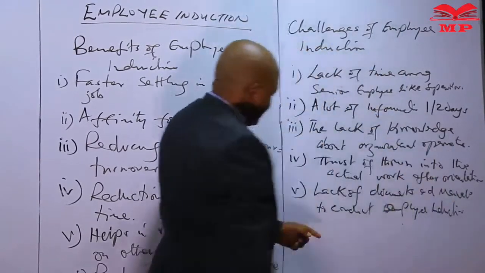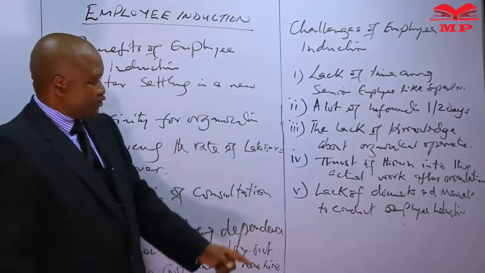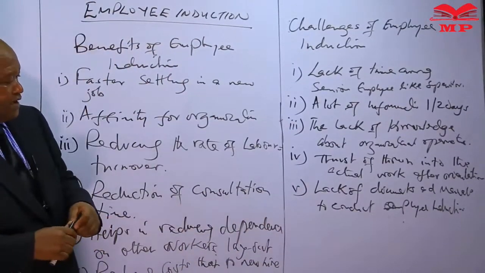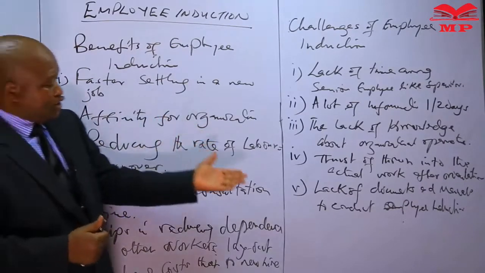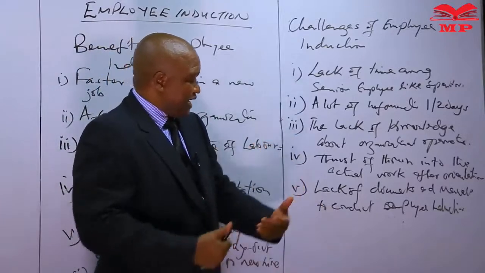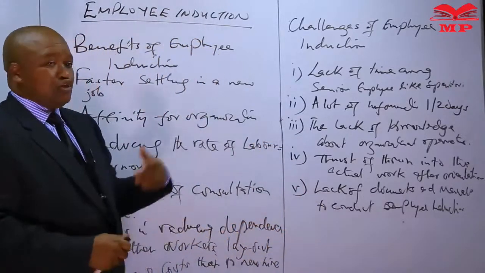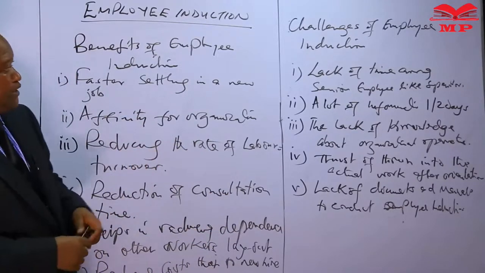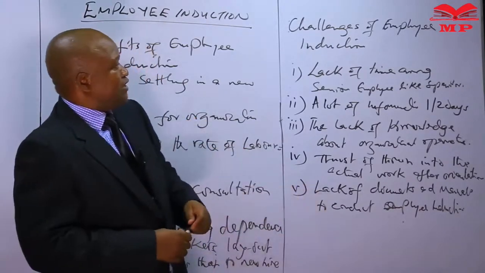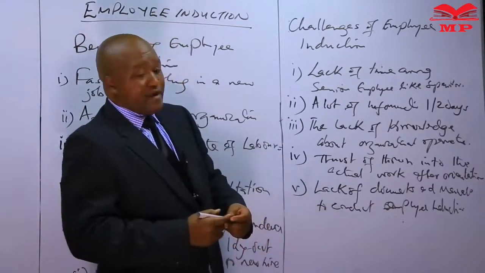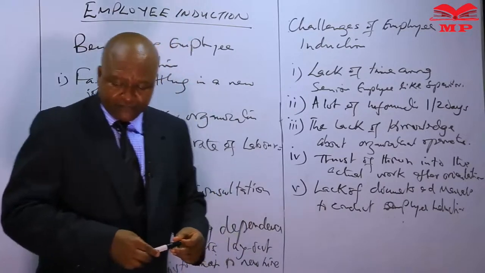What this means is that an organization is expected to have manuals that are supposed to be used to conduct the employee orientation program, but due to changes that take place within the working environment, it becomes difficult for an organization to compile manuals that are relevant at any one given particular time to be used in the process of employee induction. Hence, this becomes a challenge in the process of employee induction in an organization.